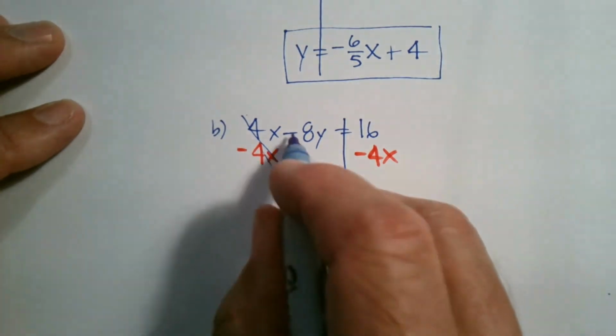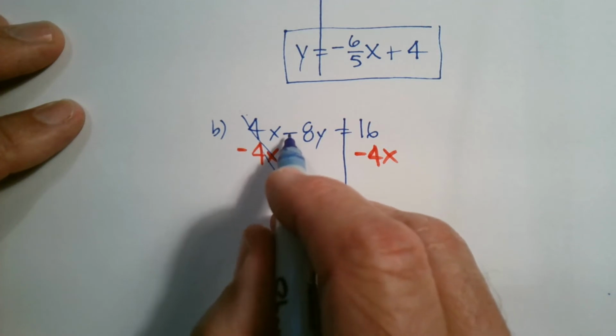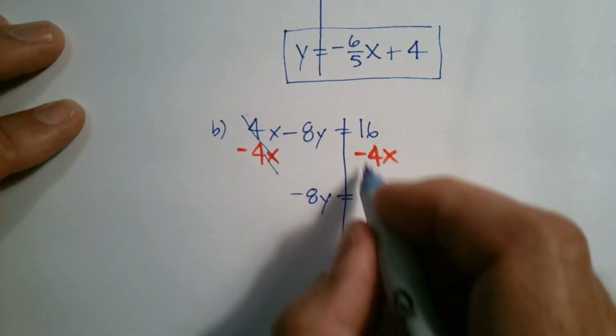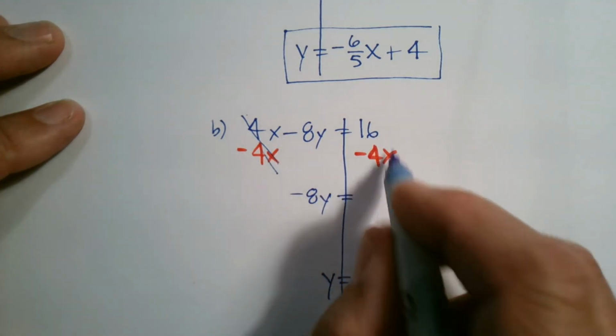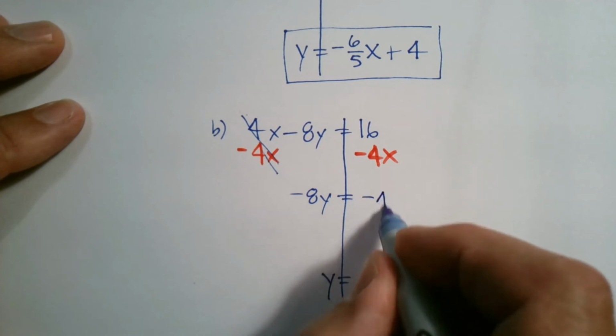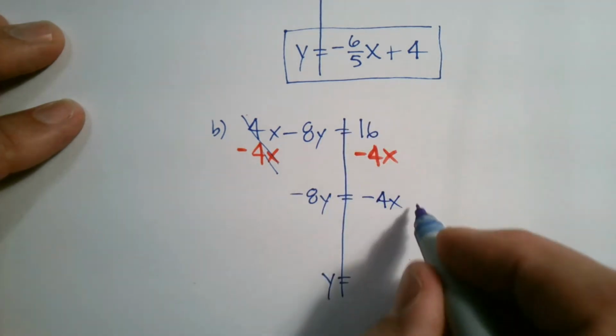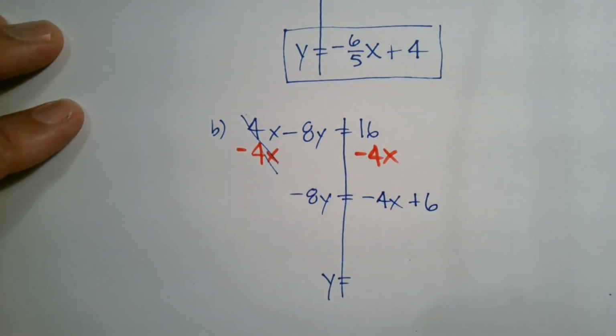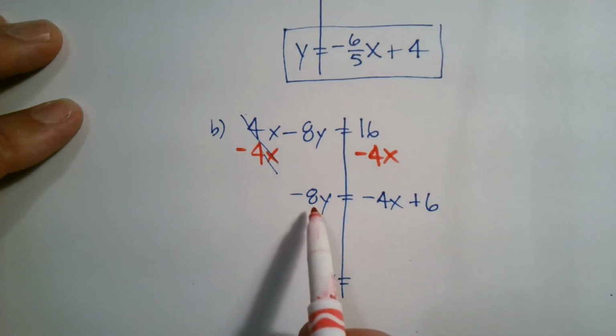Look at the sign in front, look at the operation. That minus makes that a negative 8y. Again, I like to put my x term first, so negative 4x, and then there's a positive 16.